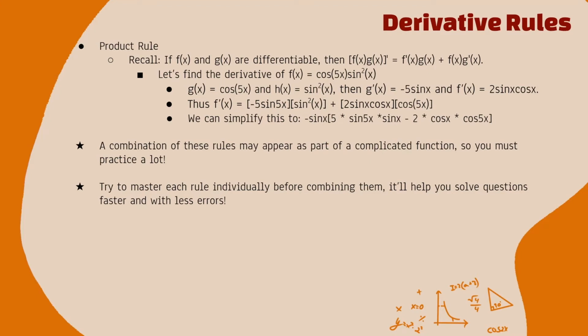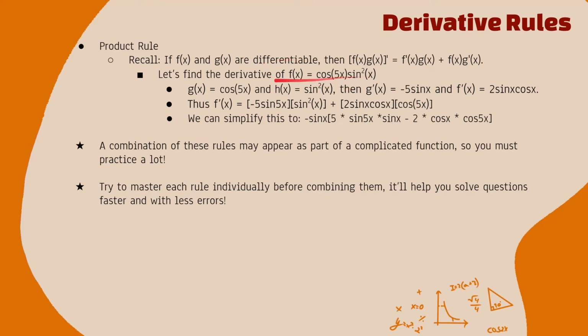So recall, if f of x and g of x are both differentiable, then the derivative of the product of these two functions is equal to the derivative of the first function times the original other function plus the original first function times the derivative of the second function. So if you remember this, then the rest just becomes your application.